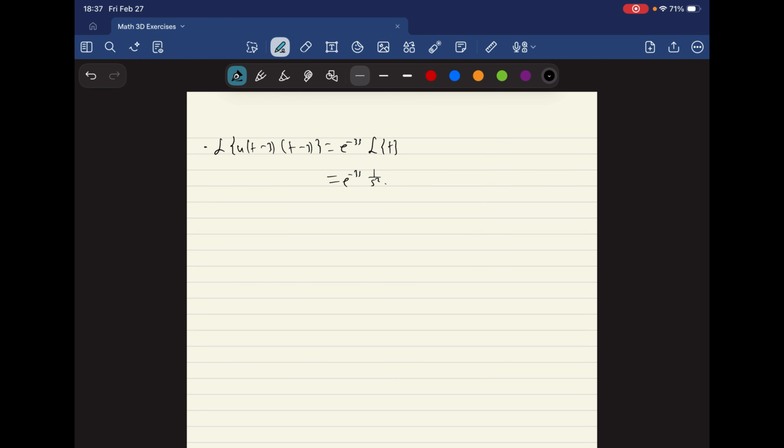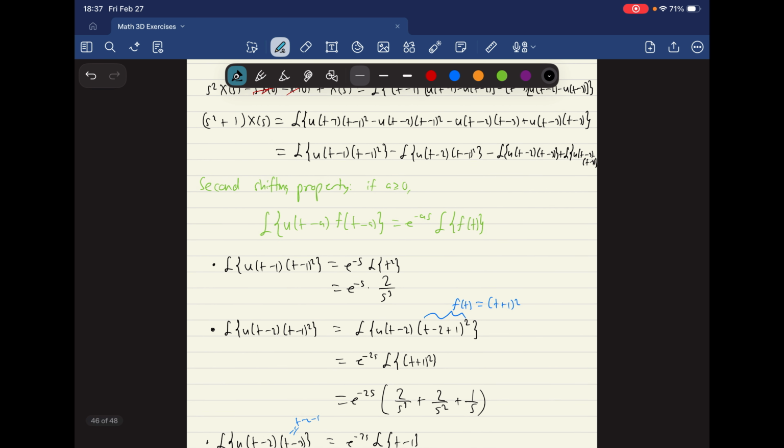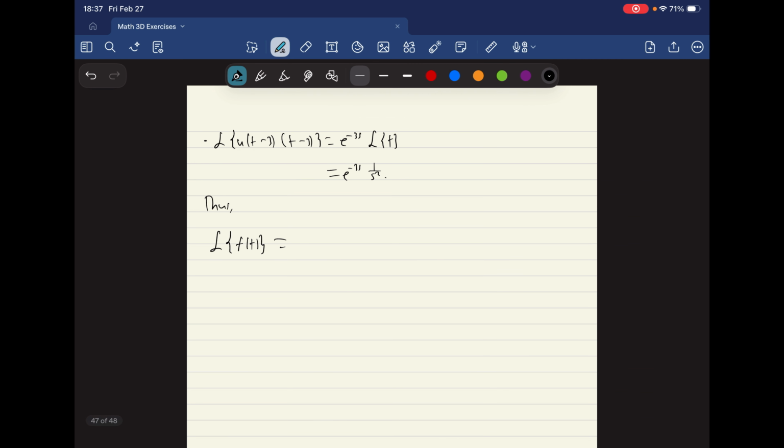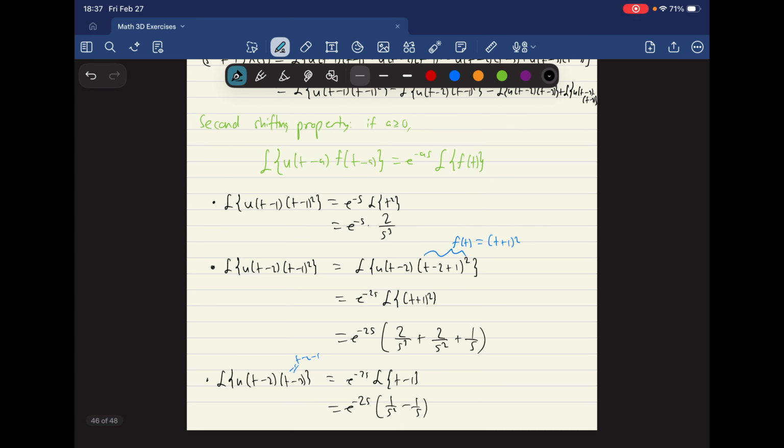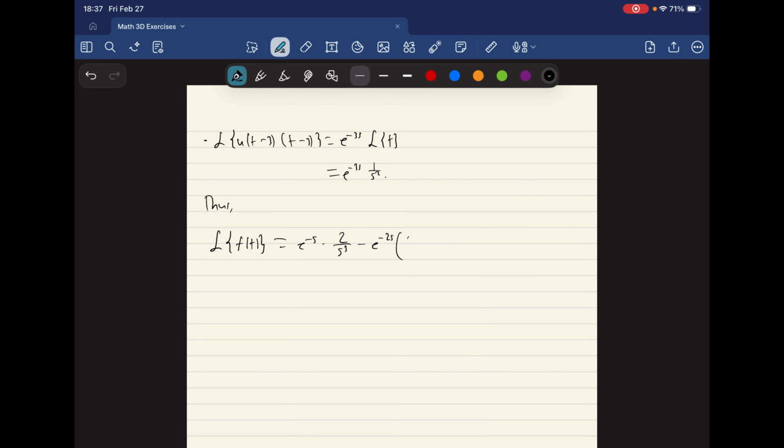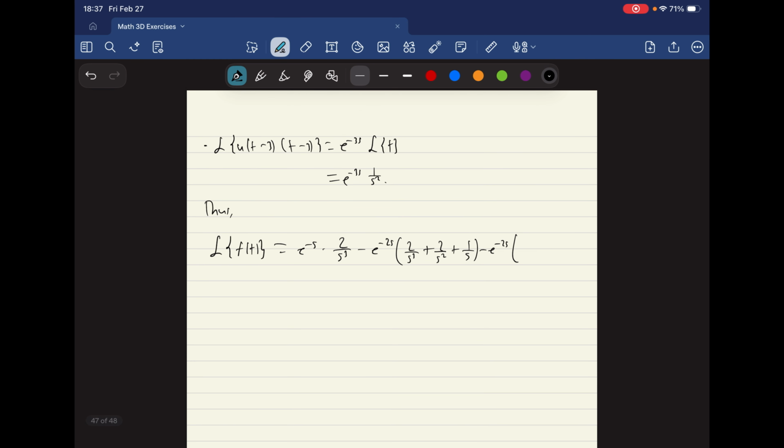Putting these together, we get that the Laplace transform of f of t, our function, is just going to be e to the negative s times 2 over s cubed, minus e to the negative 2s times all of that, 2 over s cubed plus 2 over s squared plus 1 over s, minus e to the negative 2s, and then here we have 1 over s squared minus 1 over s.